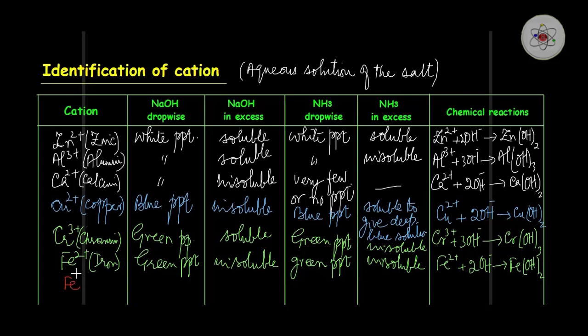Lastly, Fe3+. It gives a red-brown precipitate, insoluble in excess.